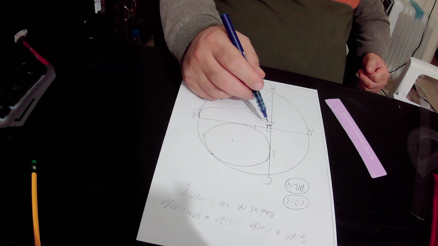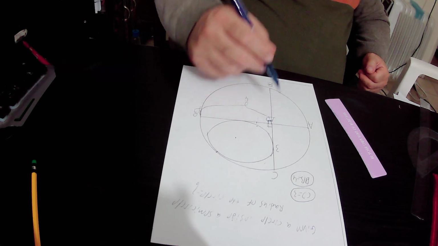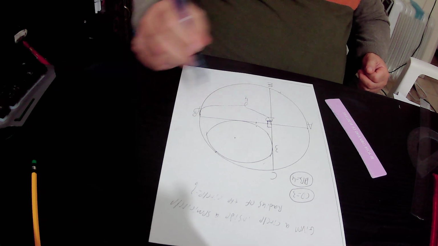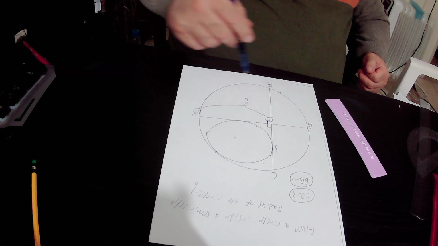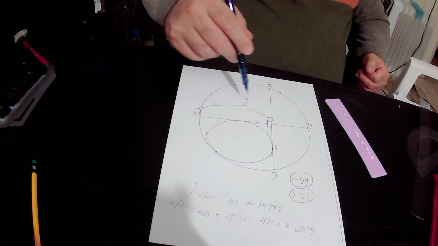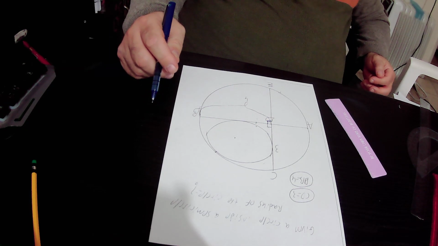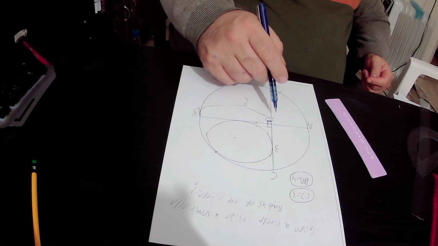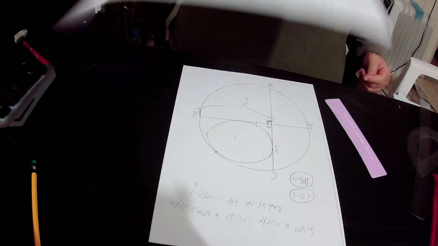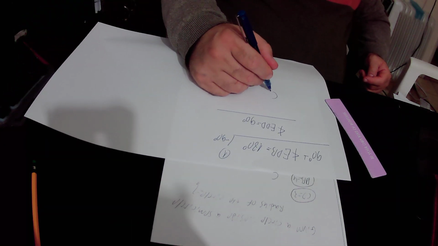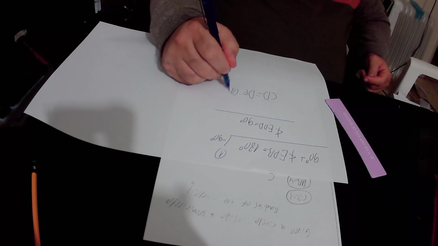And we also know that angle CDB equals 90 degrees, and angle EDB also equals 90 degrees. Therefore, we can conclude that CD is equal to DE by symmetry.